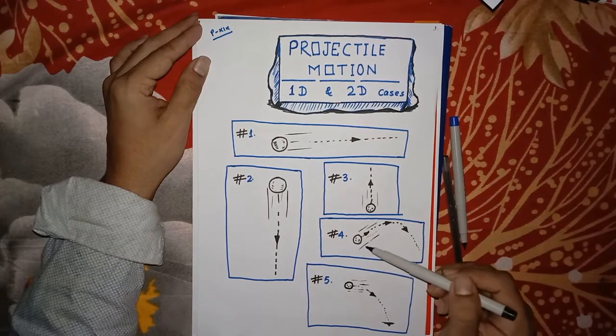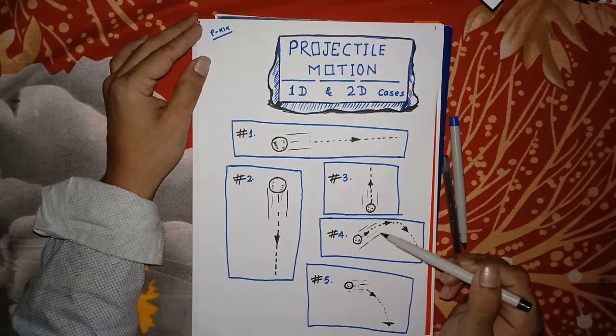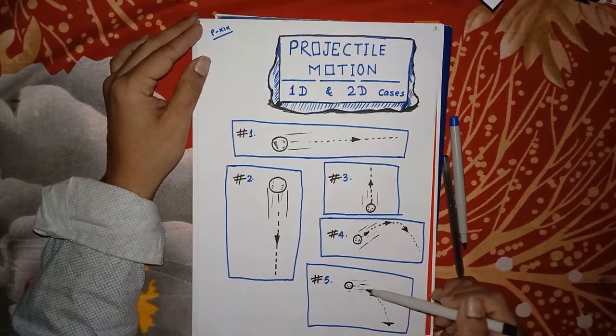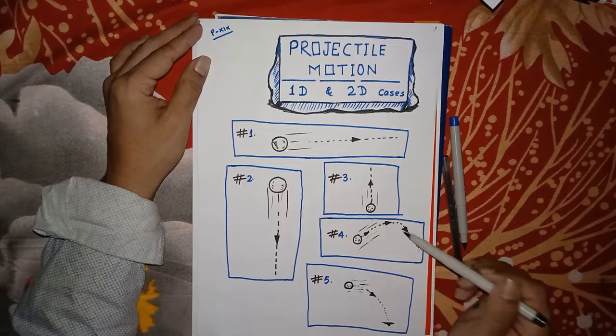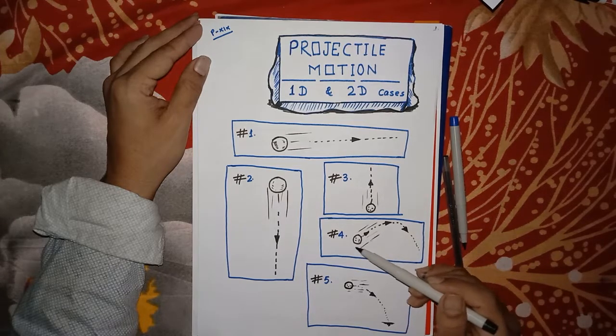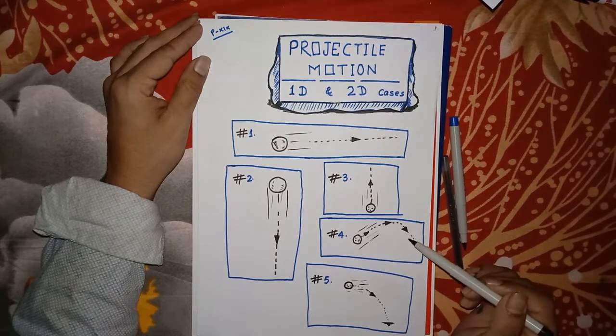But in this case and in this case, it covers a curved line path like this, or you can say a parabolic path. When you throw a ball obliquely, it traces the path which is called a parabola.